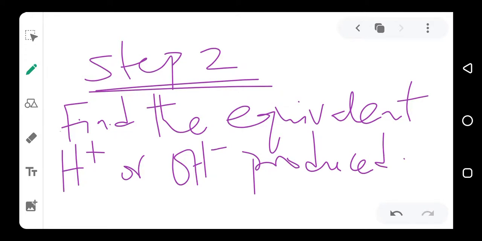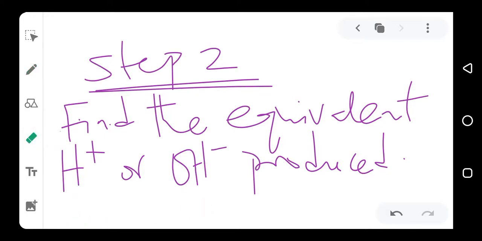Now, I've said that in every acid-base reaction, either hydrogen ion is produced or hydroxyl ion is produced. If it is a base that is reacting, hydroxyl ion is produced. But if it is an acid that is reacting, hydrogen ion is produced.